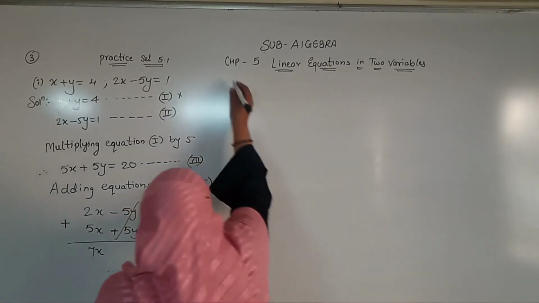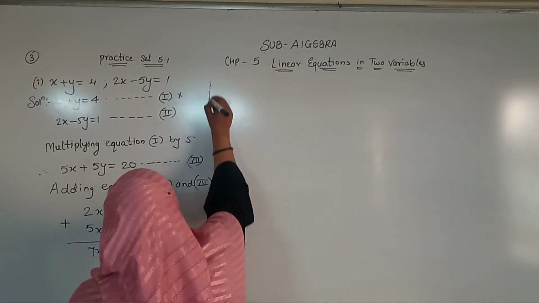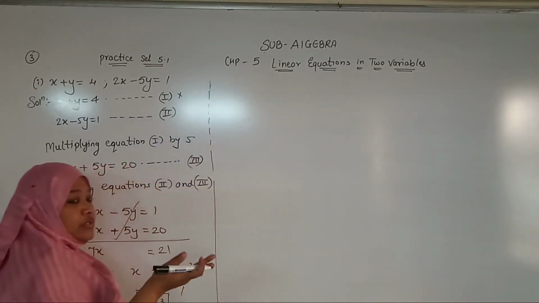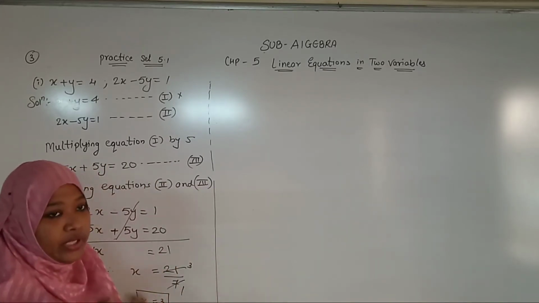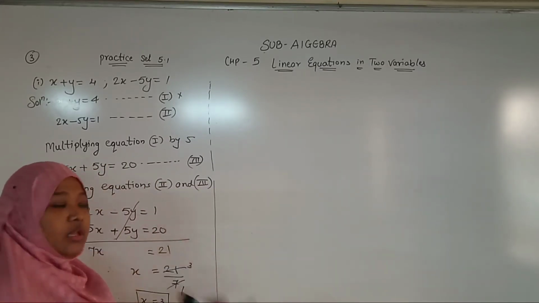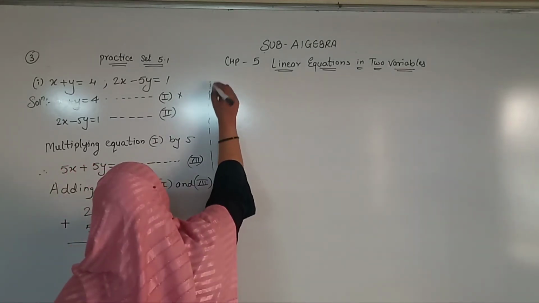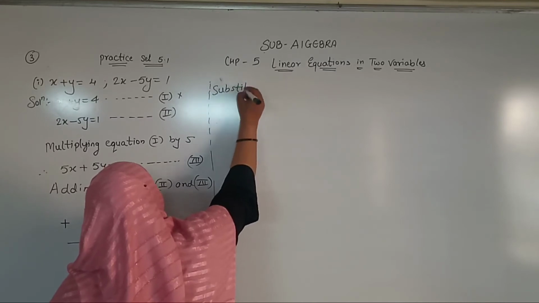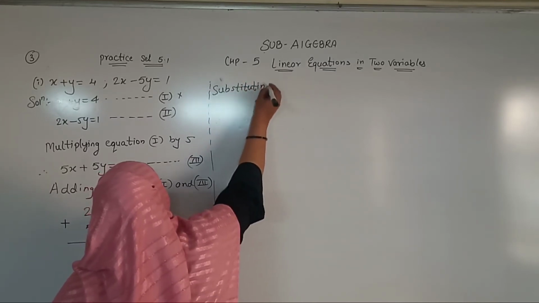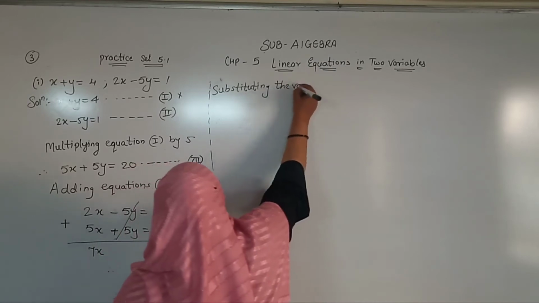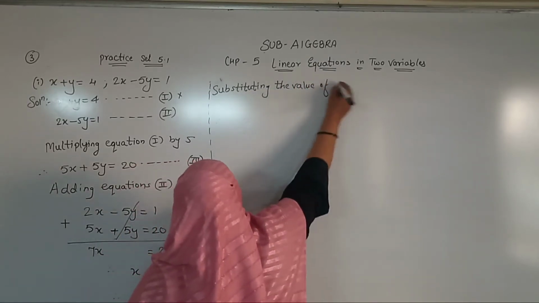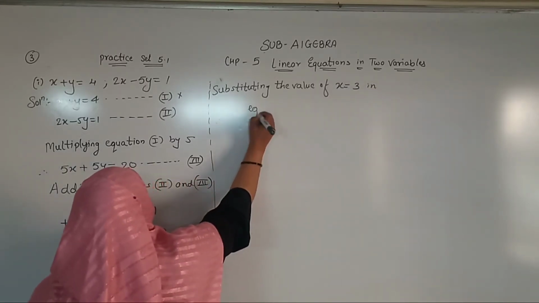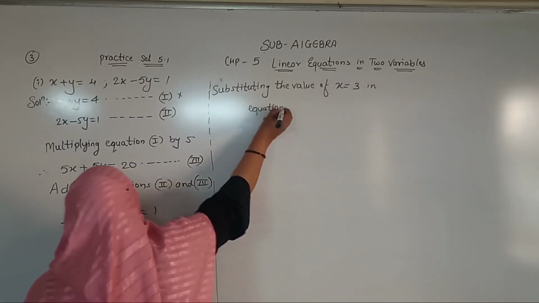So what I am going to do, I am writing here, see, you can go easily. You can write substituting, or you can write putting, replace, anything you can write. I am writing substituting the value of x equals 3 in, I have 3 equations, right student?